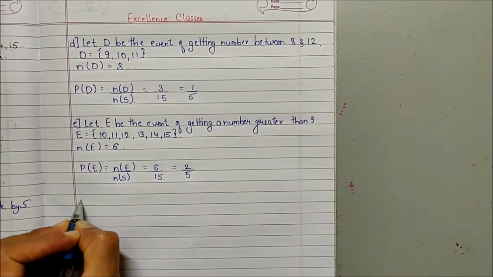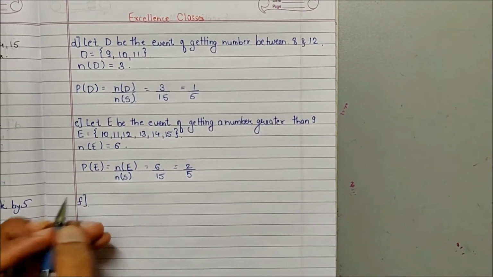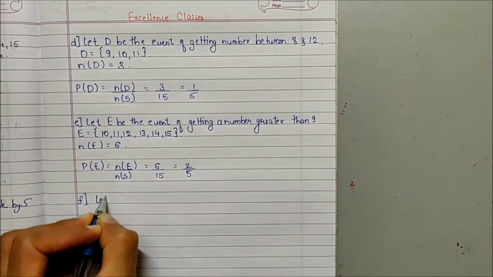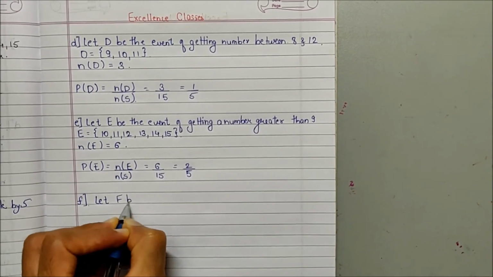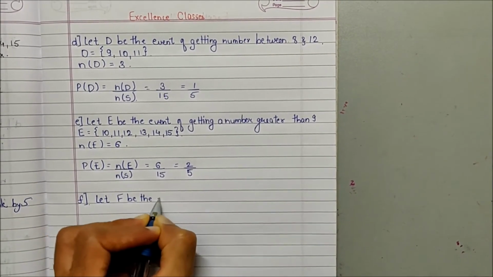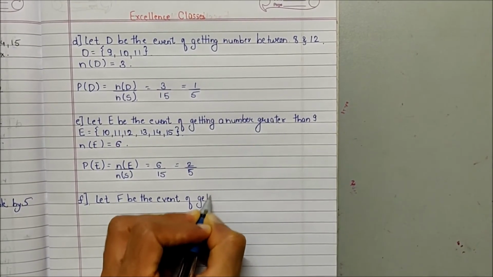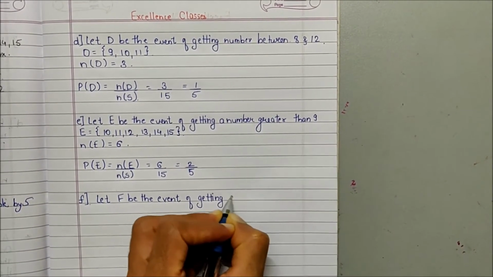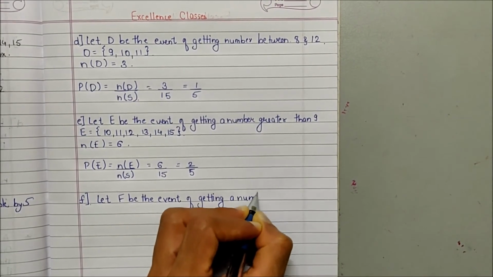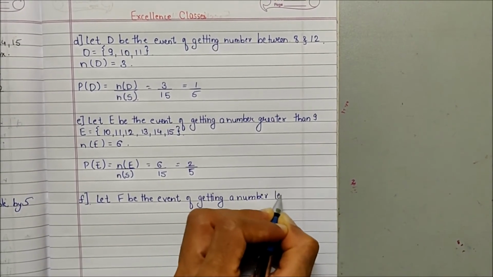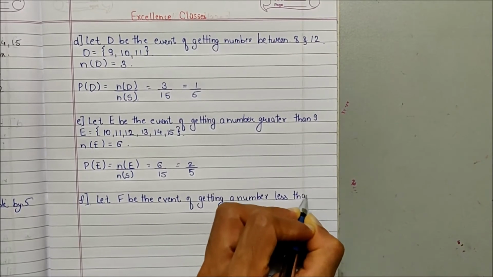In the next sub question, they have asked you to find number less than 6. Let F be the event of getting a number less than 6.